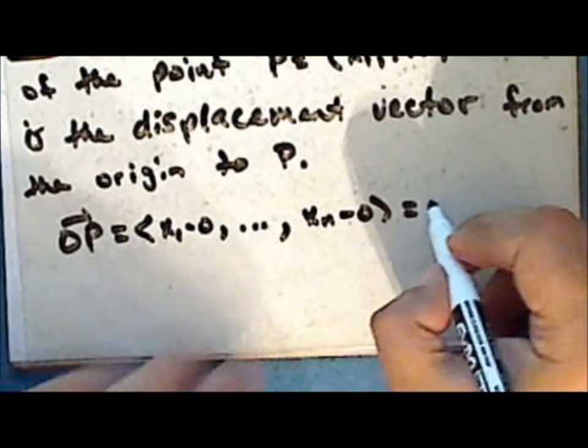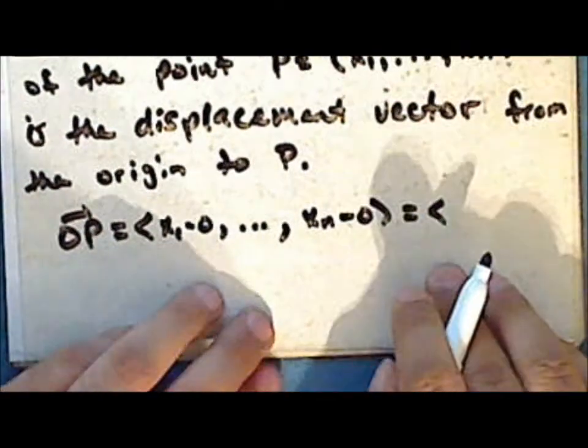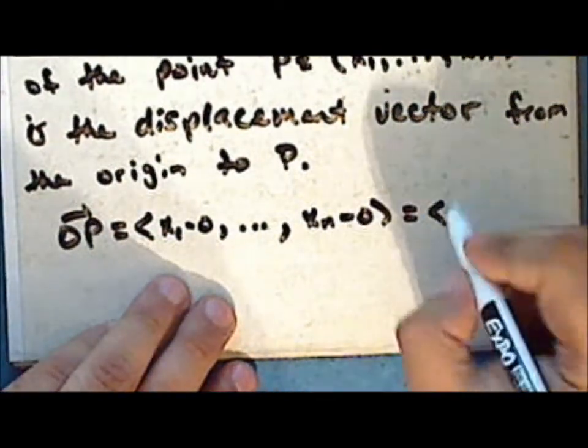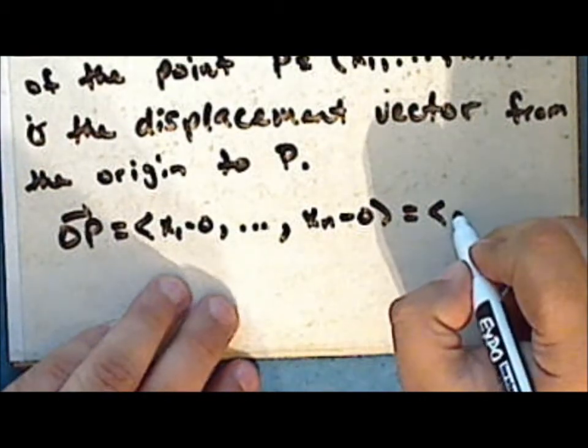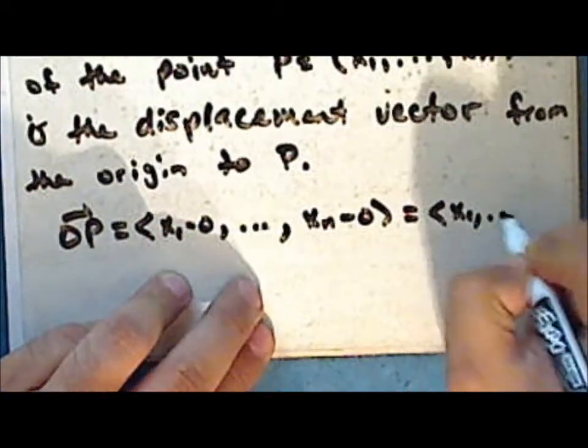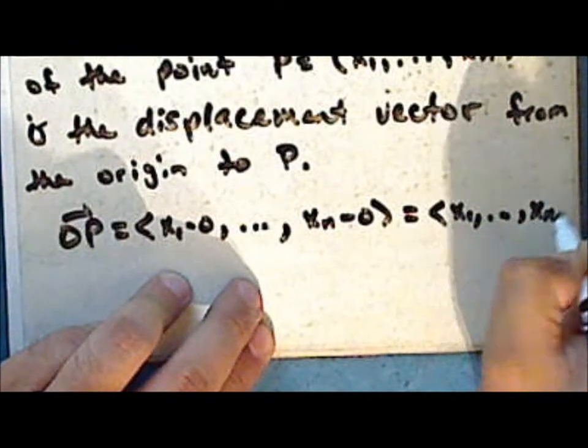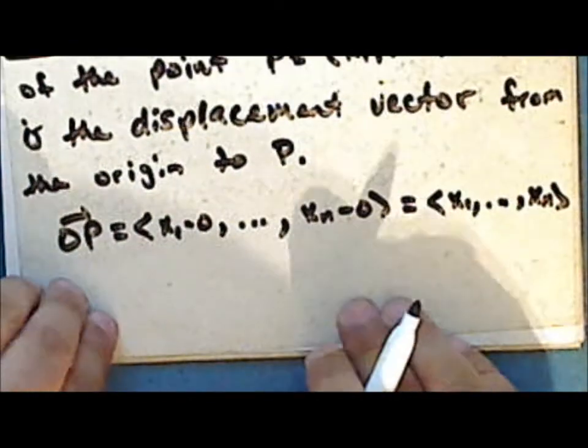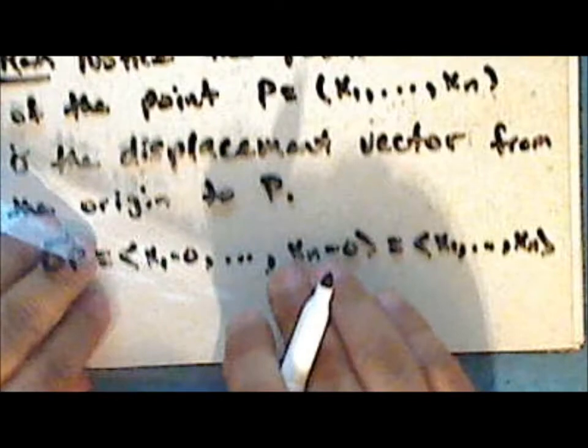And so this is the point P. It has the position vector, rather, for the point P, that is x sub 1 through x sub n. All right?